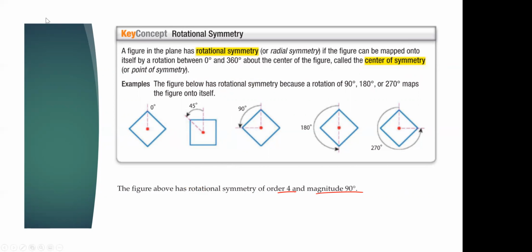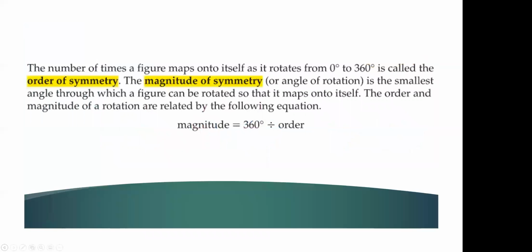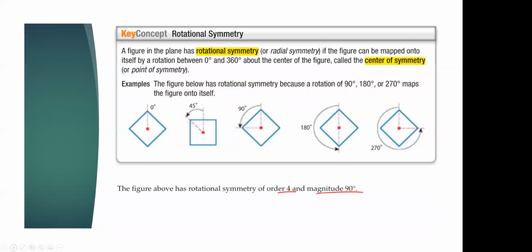Going back to what it said over here, the magnitude is equal to 360 divided by the order. And since you can rotate this figure 4 times, it's 360 divided by 4, which would be 90 degrees, which is the magnitude.